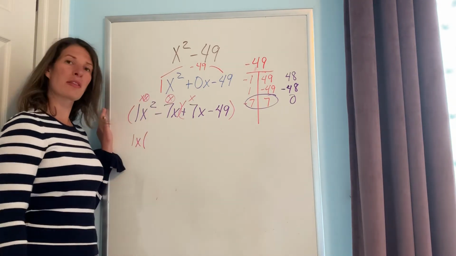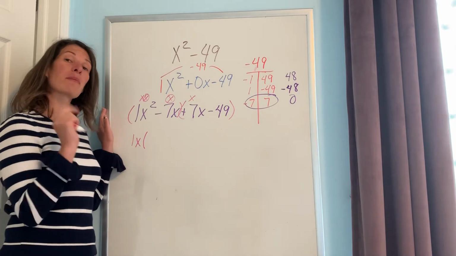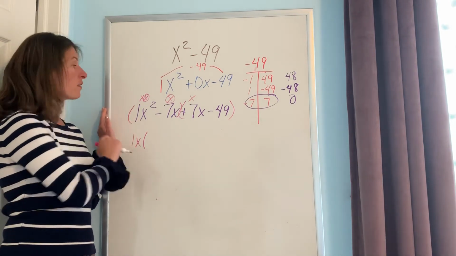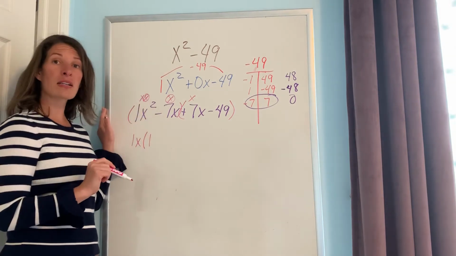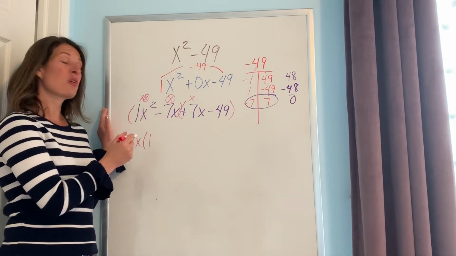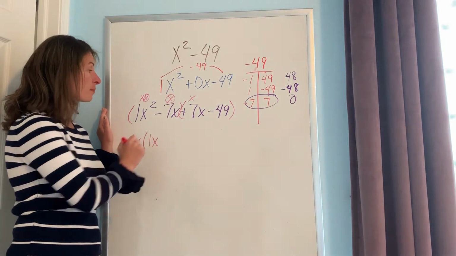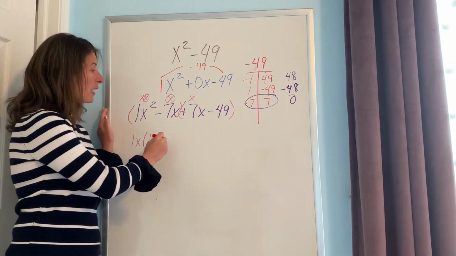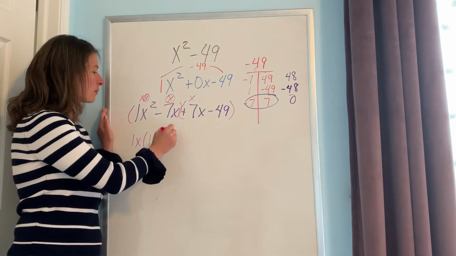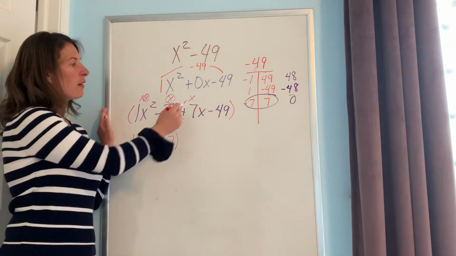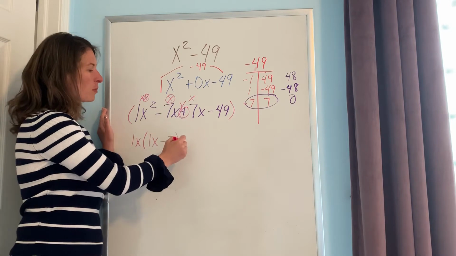So I start my parentheses because I dealt with both my number and my variables. 1 divided by 1 is 1. I had 2 x's. I took 1 x out, which means I have 1 x left. Minus 7 divided by 1 is 7. Now I have this plus sign here, which means I'm going to put a plus.